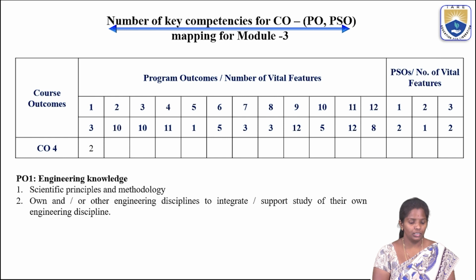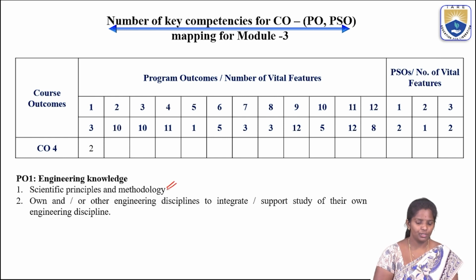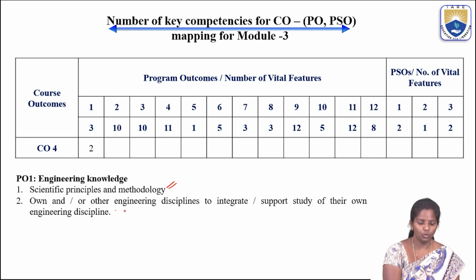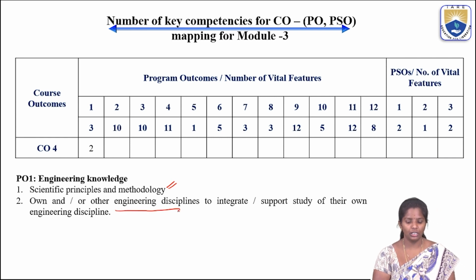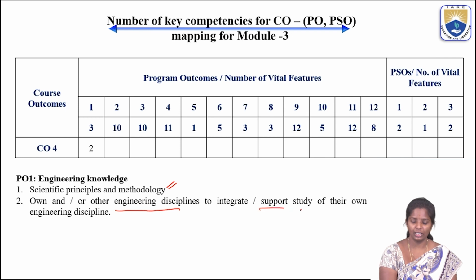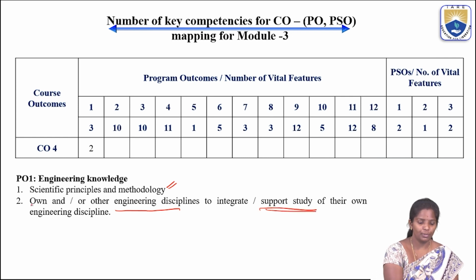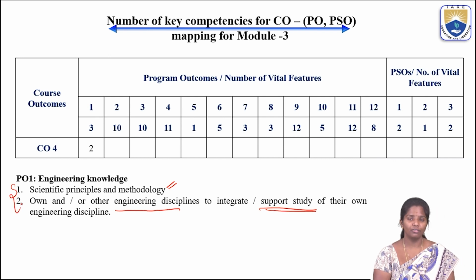What are those 2? Scientific principles and methodology that we are learning, used to integrate or support the study of their own or other disciplines within their own engineering discipline. So we are comparing with the chemistry reactions that are going on, and that gives supporting study from the chemical sciences. So we are matching 2 of the key competences from the PO1.